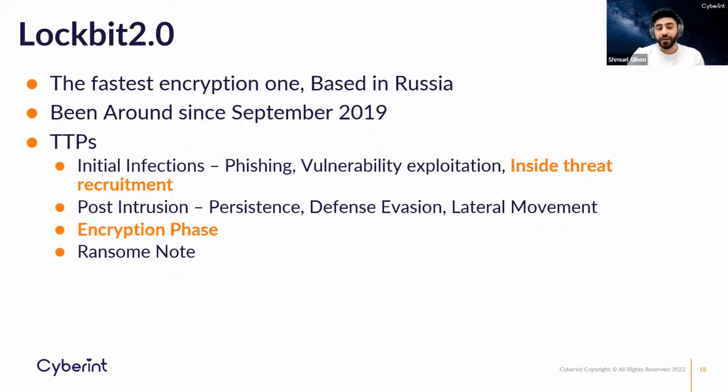And when we talk about the encryption phase, of course they have the fastest encryption model. You can see in their leak sites the comparison between everyone, and they have the fastest one, including Conti, by the way. And that's pretty much about it when it comes to Lockbit.